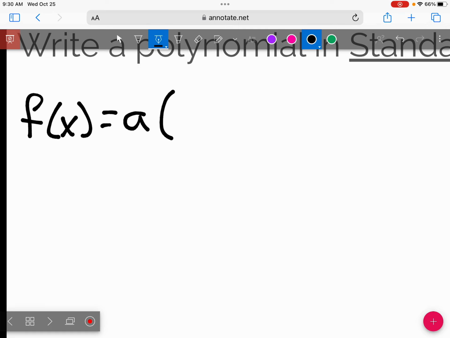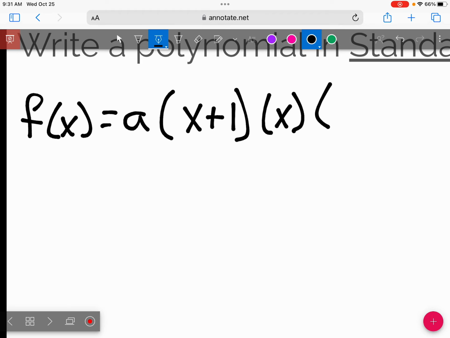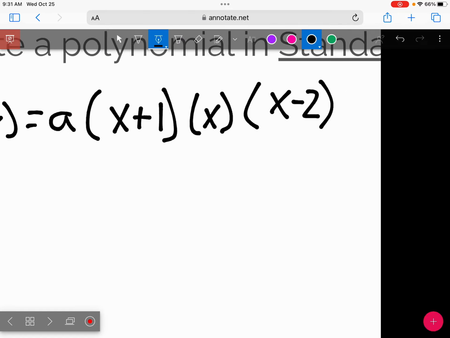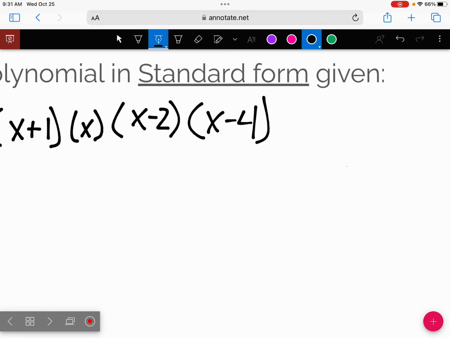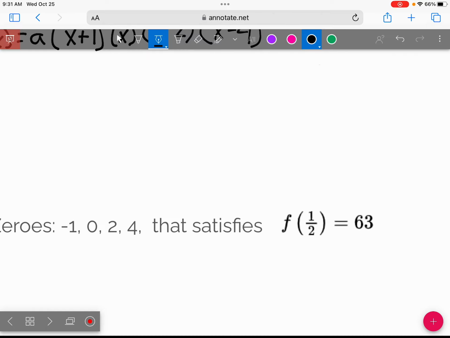What are my roots going to be, or my factors going to be? x plus 1, x, x minus 2, and x minus 4. So we're given the zeros, and we just got to plug it in. Then we need to solve for our a value.